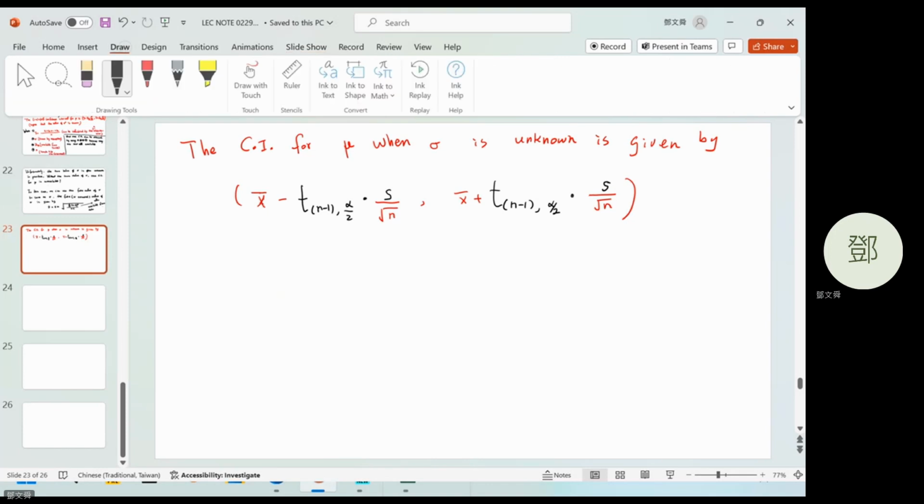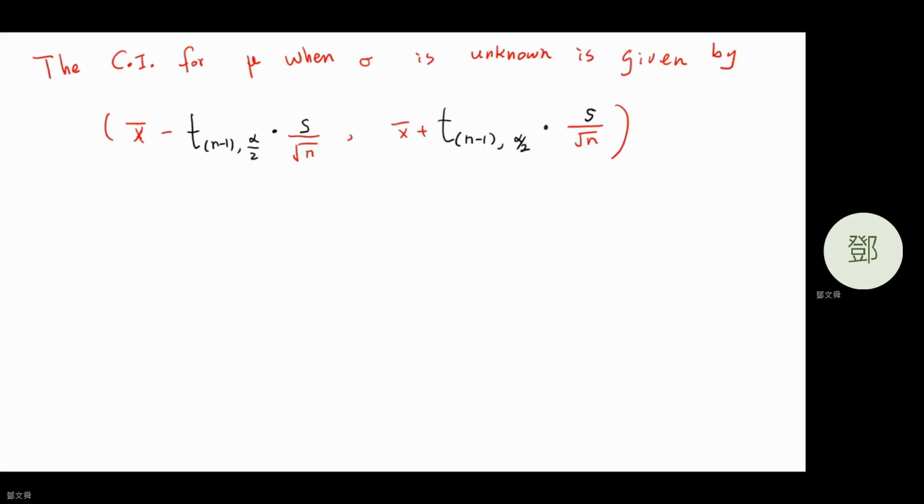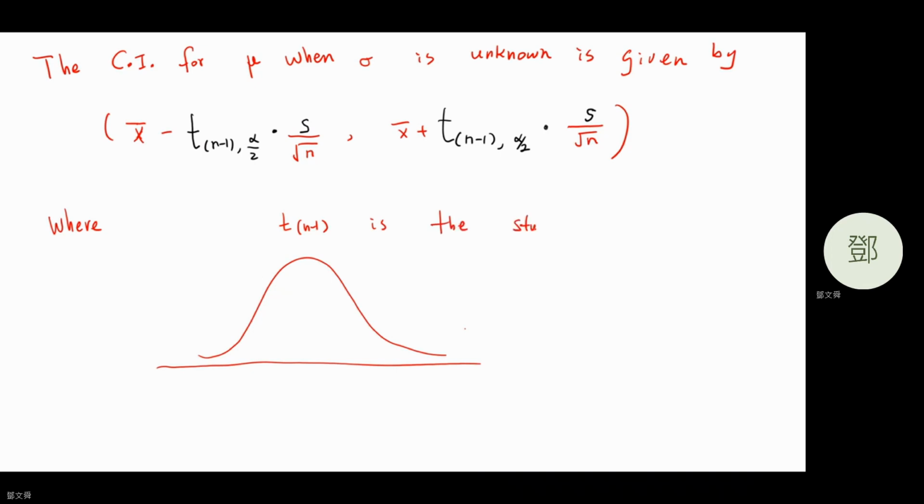Where t is the t-distribution with n minus 1 degrees of freedom.